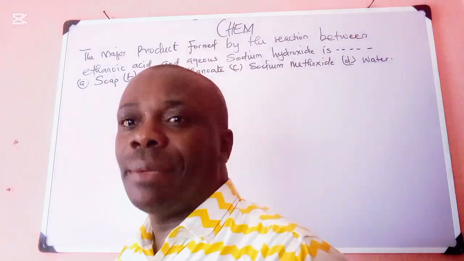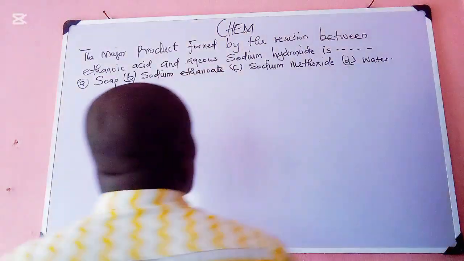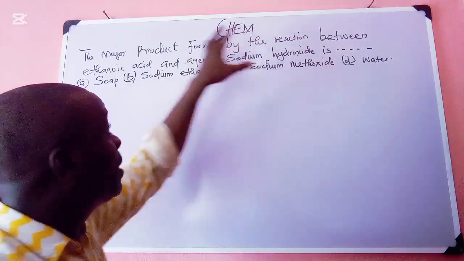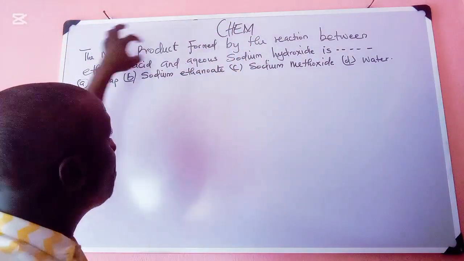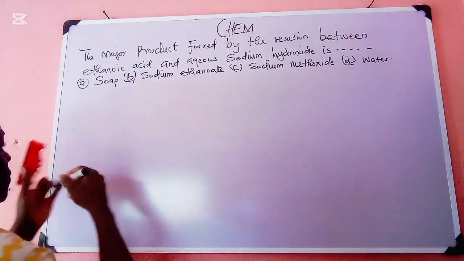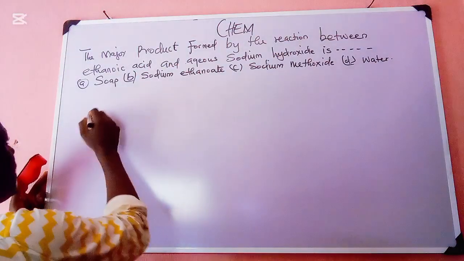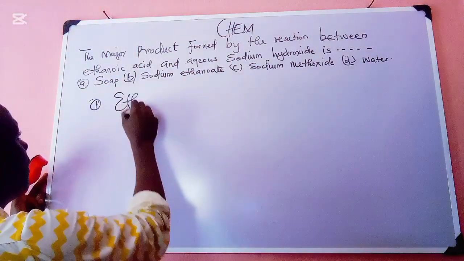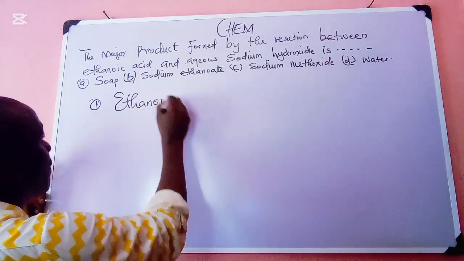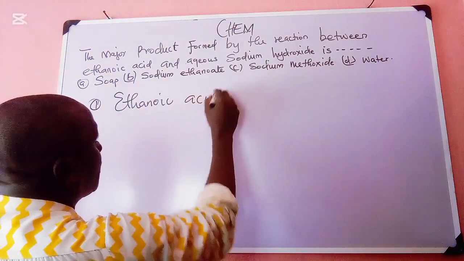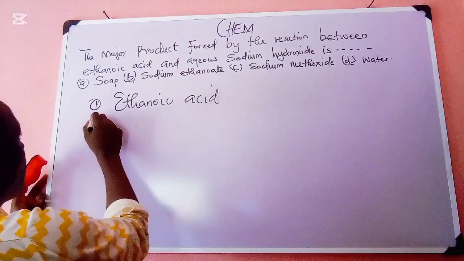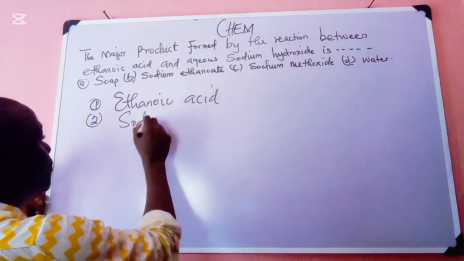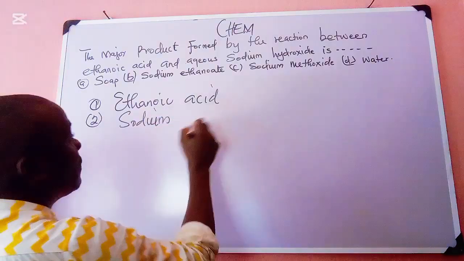So at this point in time, we want to look at the question. We balance the equation, because there are two compounds involved. The first compound is ethanoic acid. The second one is sodium hydroxide.